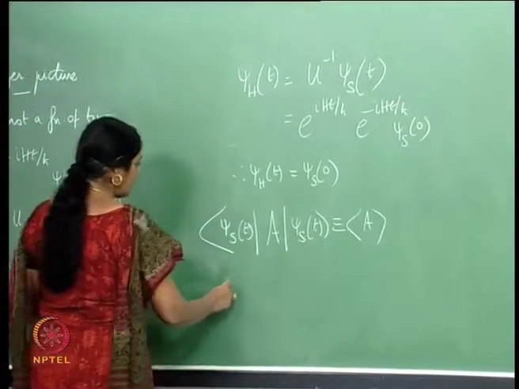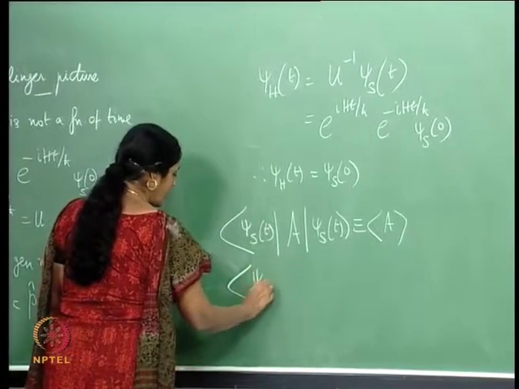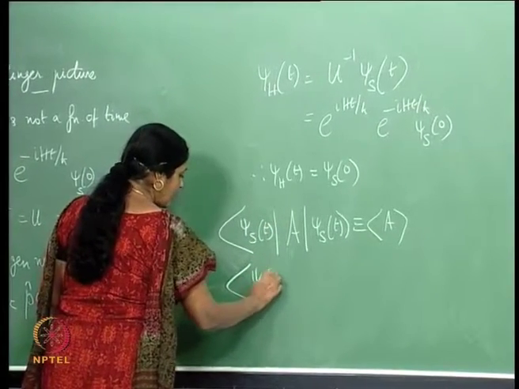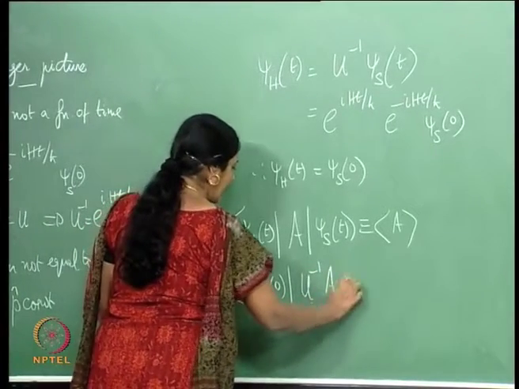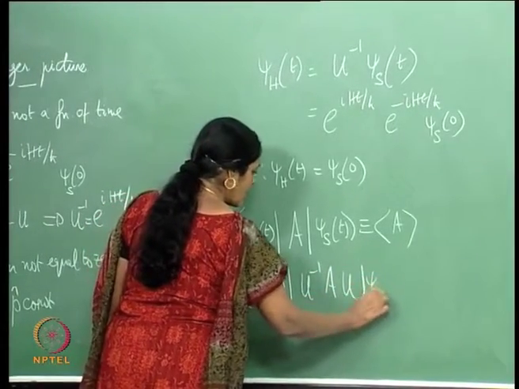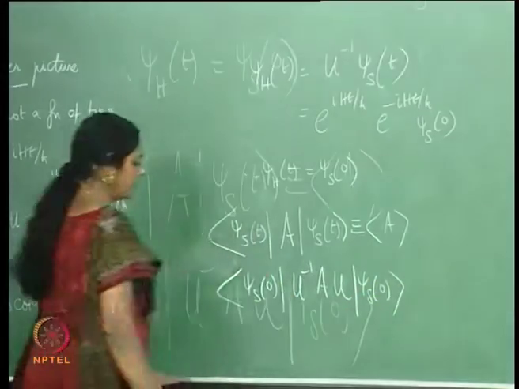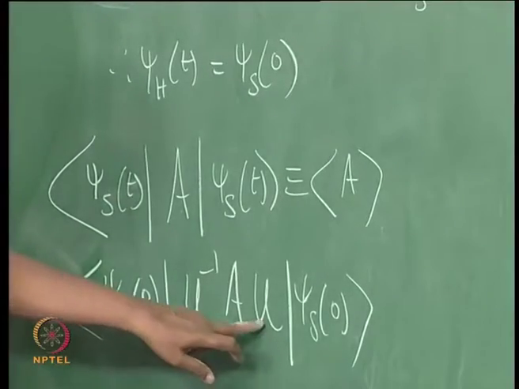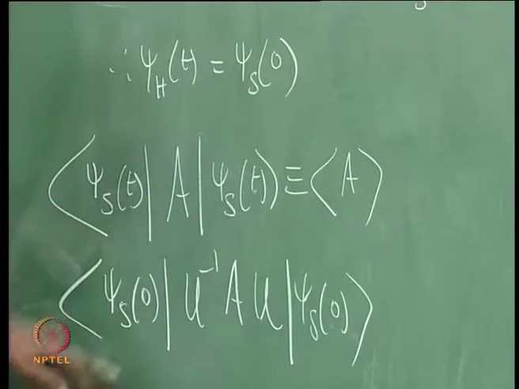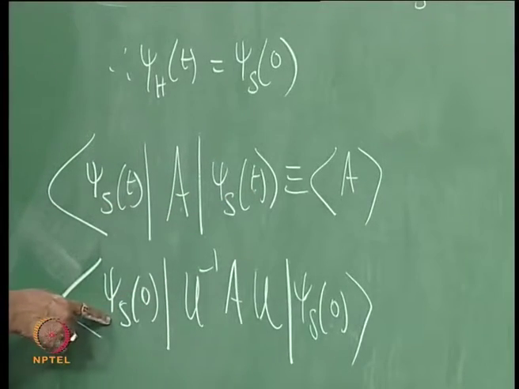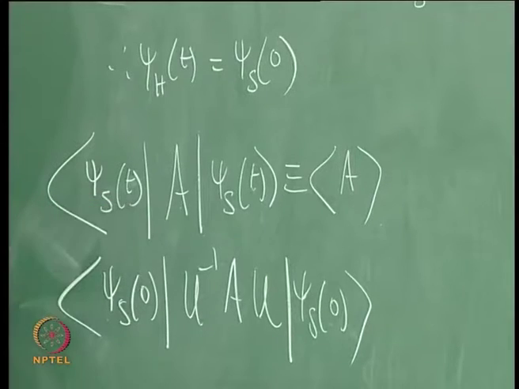And therefore, I could have well done this by starting with psi S of 0, U inverse A U, psi S of 0. Remember that U psi S of 0 is psi S of t, and therefore U inverse on this side gives me the bra psi S of t.